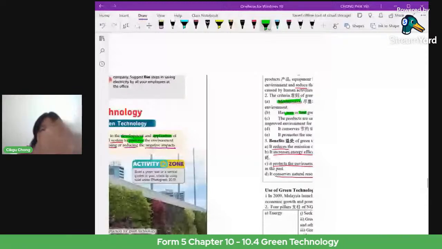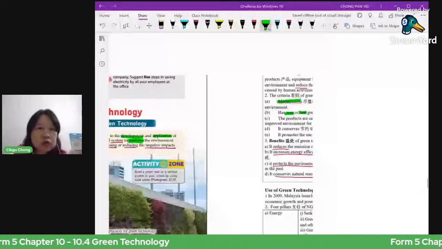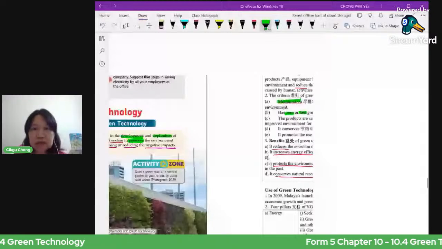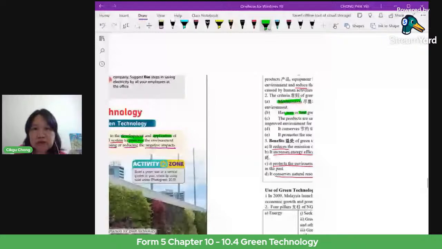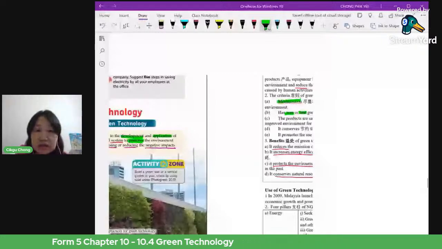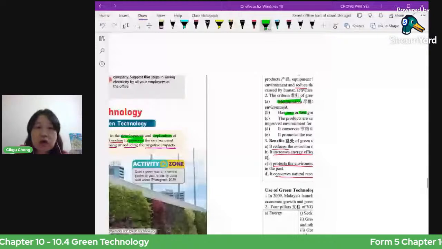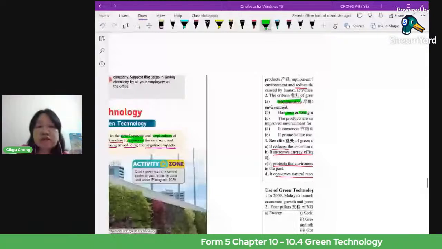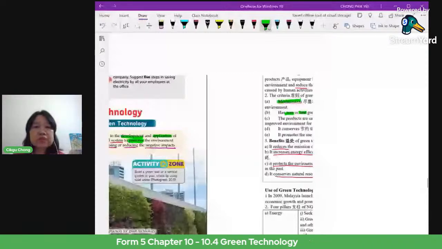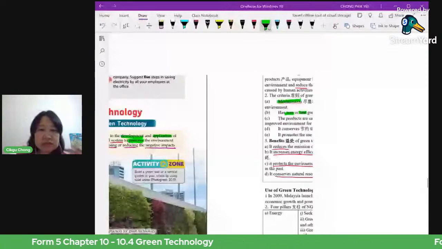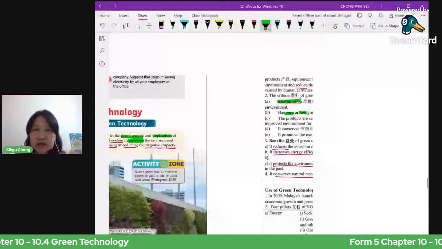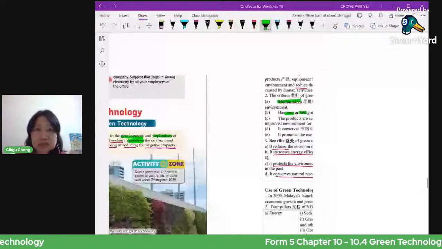Degradation means becoming bad, so it must lessen the impact of making it worse. All right, it has zero or low greenhouse gases. Okay, this is important. It must not produce greenhouse gases in your innovation and new design. It must not be increasing the carbon dioxide emission. You must not be producing CFCs and all that, because they are harmful to the environment.